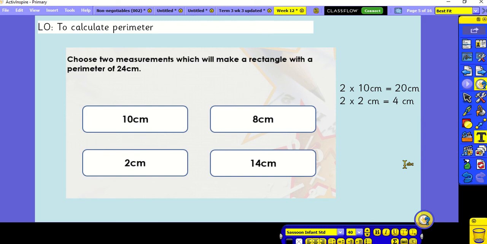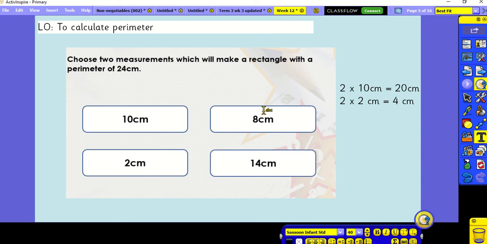What else could I try? Let me see if my long side is 14. 2 times 14 is 28. No, that would be too big. My perimeter has to be 24. Let me try 2 times 8. 2 times 8 is 16 centimetres. So then how much would I have left? I'd have 8 centimetres left. No, that wouldn't work.